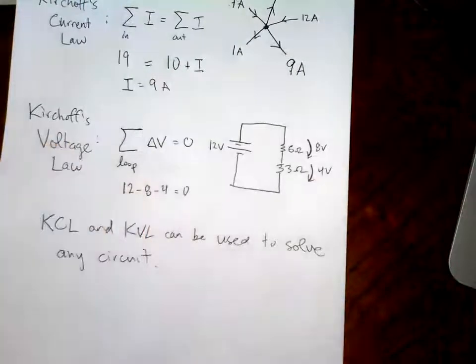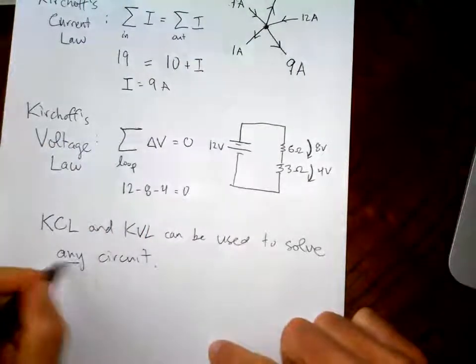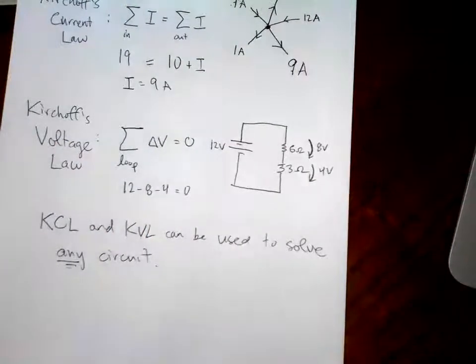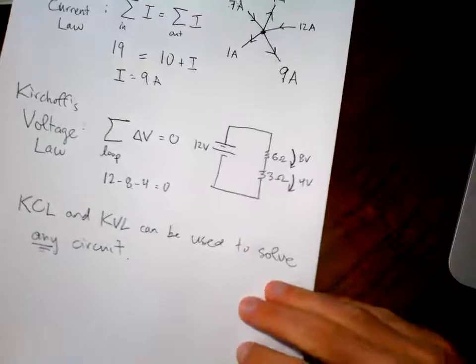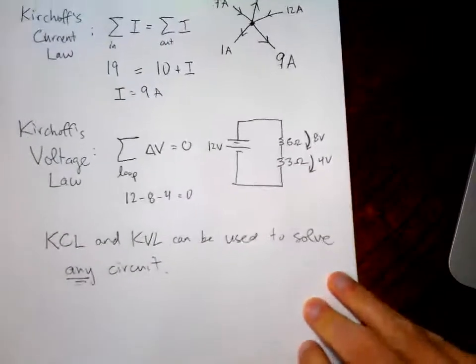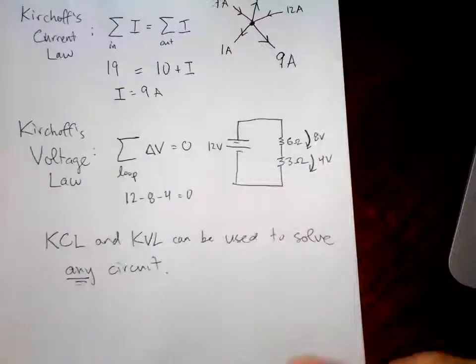So basically, these laws are the main circuit analysis tools that electrical engineers use, okay? And we go into it with a little bit of depth this year. And if you take my AP Physics C class, we go into a lot more depth, okay?